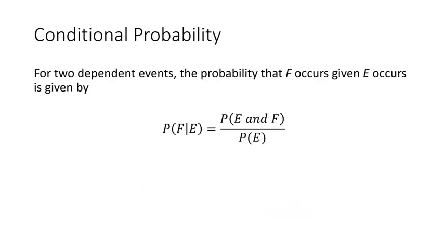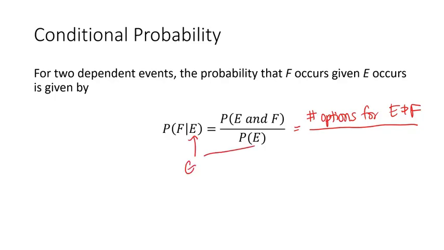So the probability of F given E is equal to the probability, or the number of options, for E and F combined out of the probability of what was given, aka divided by the number of options for the given.